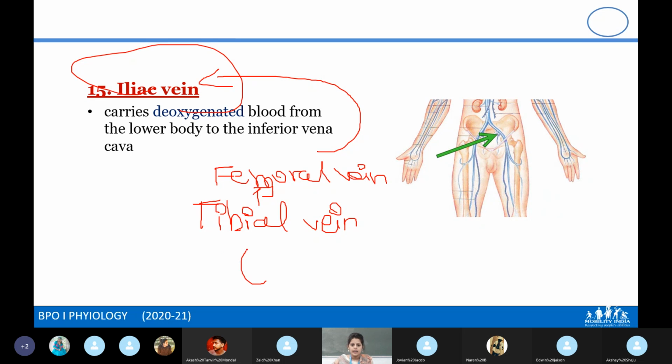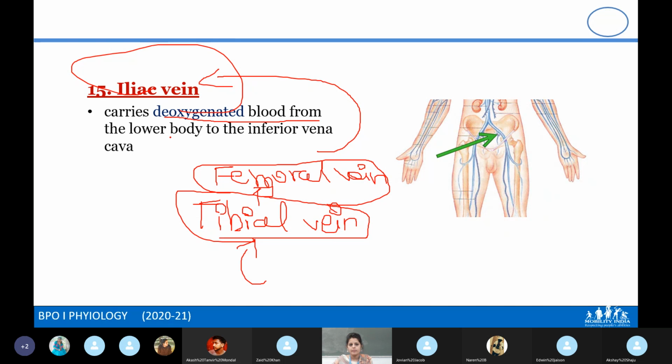So now here, the tibial vein gives blood to the femoral vein. The femoral vein gives blood to the iliac vein, so it carries deoxygenated blood from the lower body to the inferior vena cava. Now the iliac vein goes up and gives to the renal vein. The renal vein goes up and gives blood to the inferior vena cava.